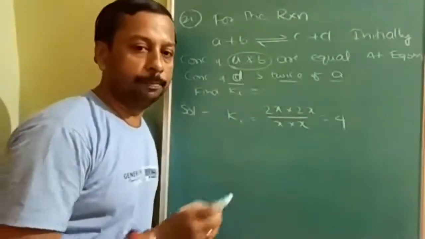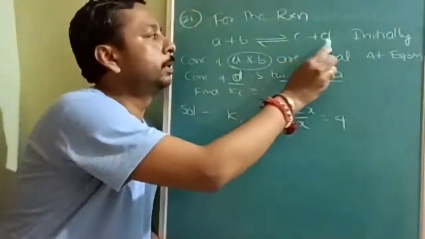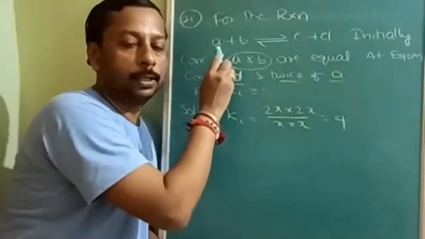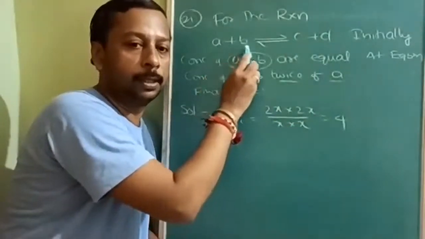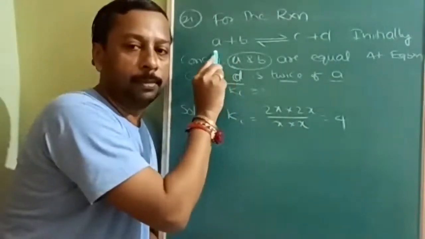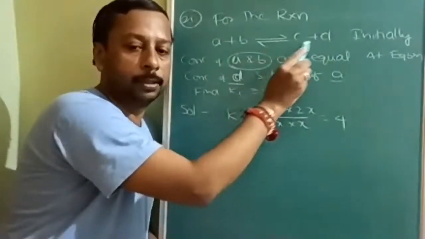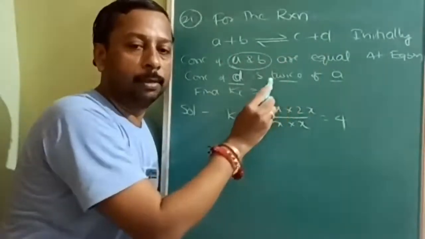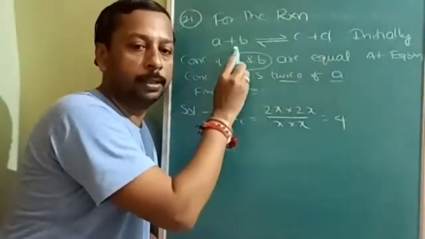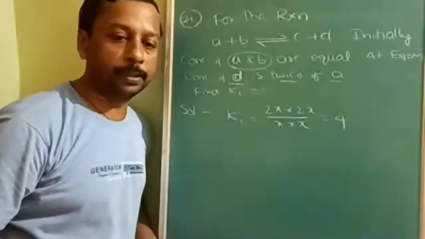If concentration of D is twice of A, C also will be twice of A. At equilibrium, A is x, B will also be x, C will be 2x, D will be 2x. So equilibrium constant is 2x into 2x divided by x into x. Then you will get equilibrium constant 4. Is it understood?